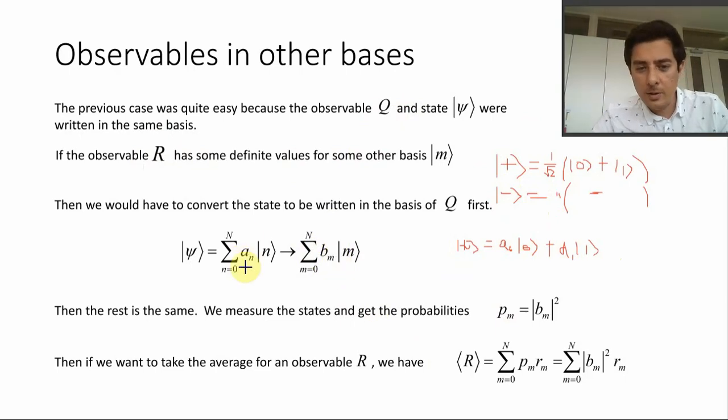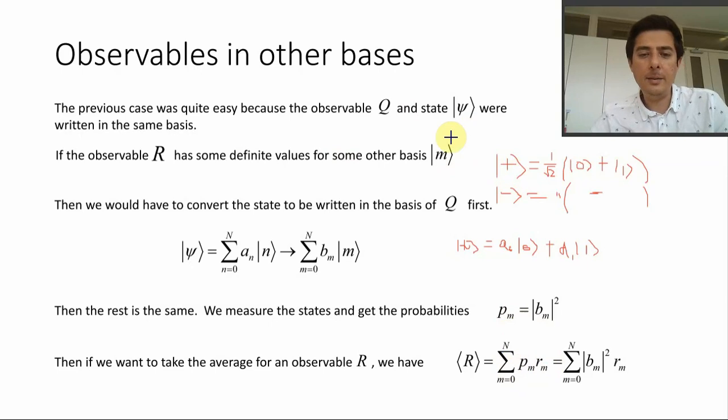So notice that these coefficients B are going to be in general different from the coefficients that we wrote in A. And so we take these B coefficients because that's the same basis that we're talking about. The probabilities are the mod squares of the B's, not the A's. And then we just do the same thing as we did on the previous slide. We take the average of this observable R by multiplying the probabilities by these R's.